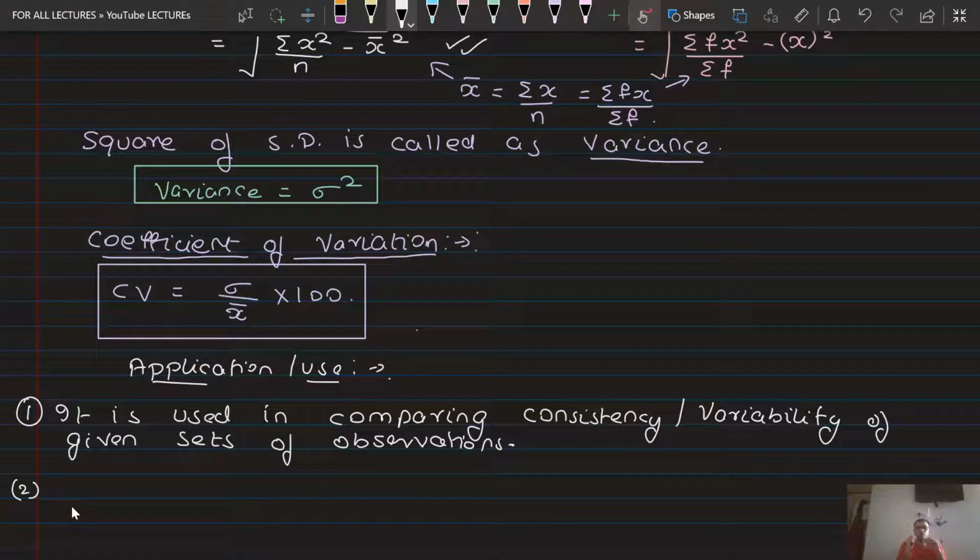So there is a huge variation in the marks that you are scoring. First you got 82, then you got 91, then again you came back to 75. This kind of data, where there are huge differences between the observations, is called inconsistent data because there is high variability in the data.